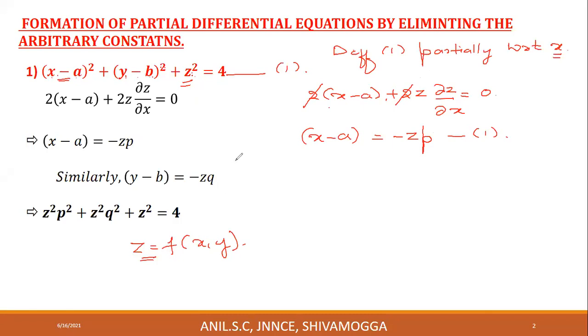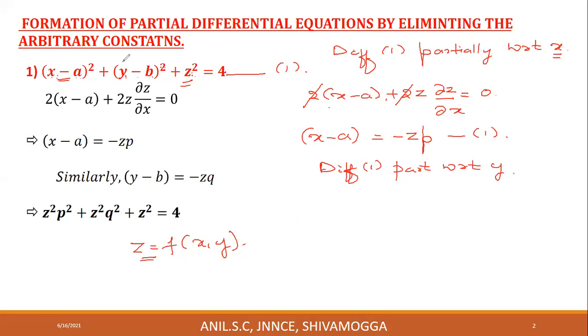Similarly, differentiate equation number 1 partially with respect to y. Partially with respect to y means x is to be treated as constant. What is the derivative of (x − a)²? 0.